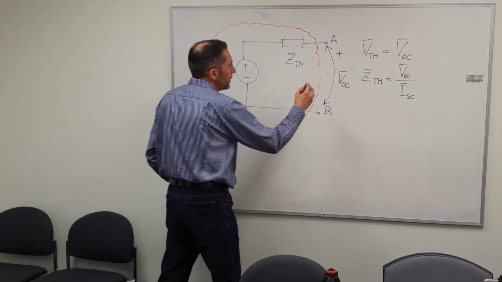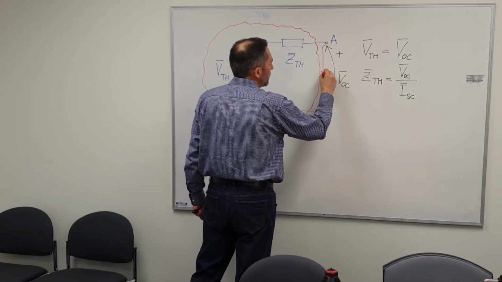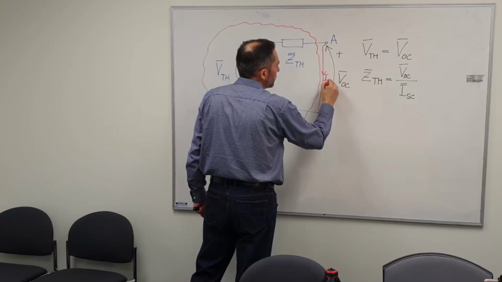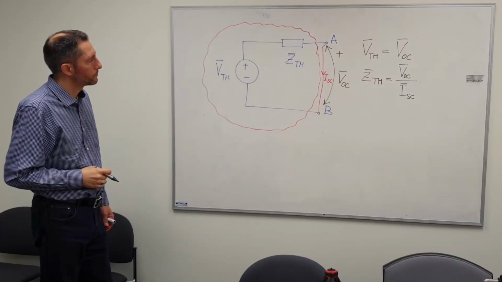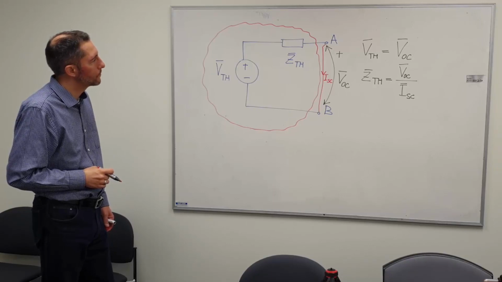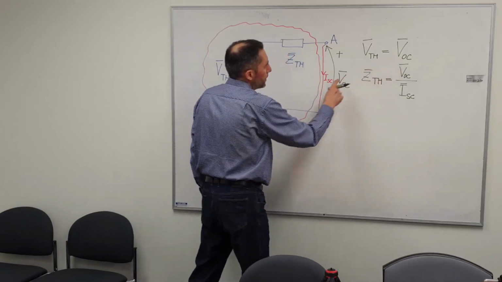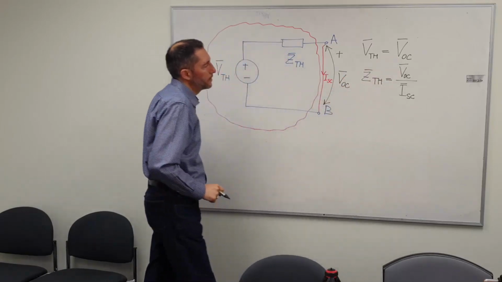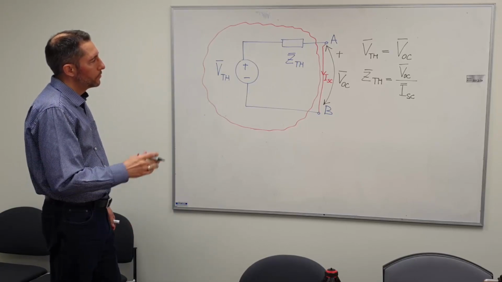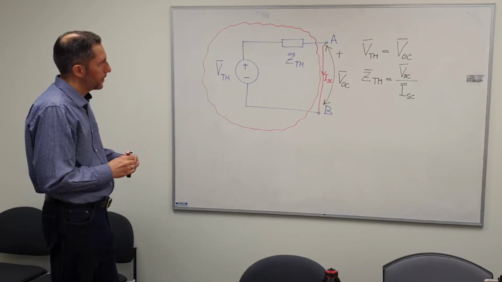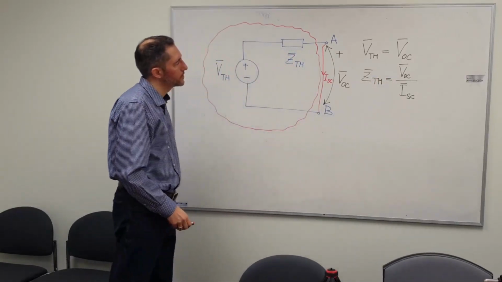ISC is found if we short these two terminals, as the current that would flow through that short. So ISC is the current of short circuit. Having found both VOC and ISC, we can then calculate Z Thevenin. That is our objective, to find those two separate values, or to solve the circuit separately to find them.